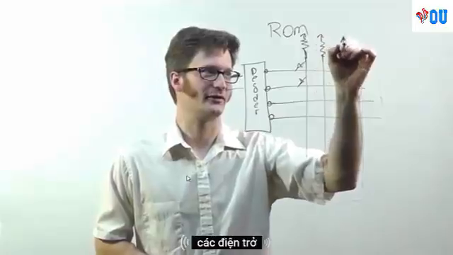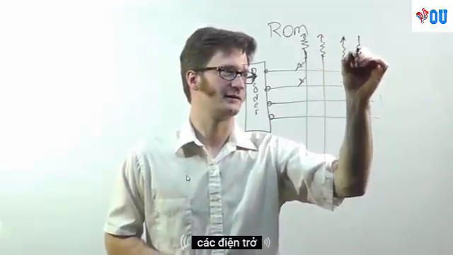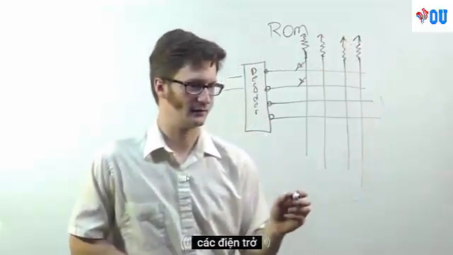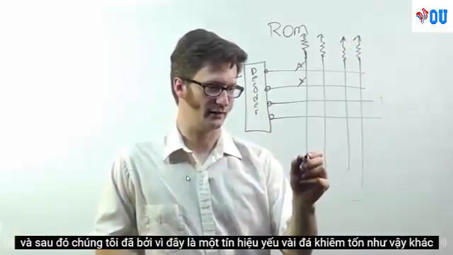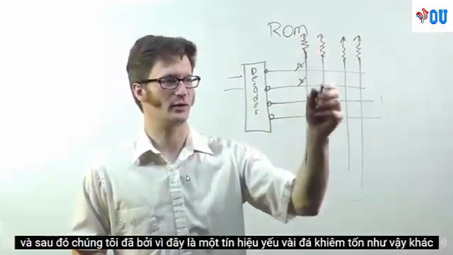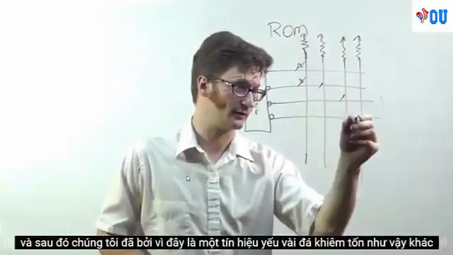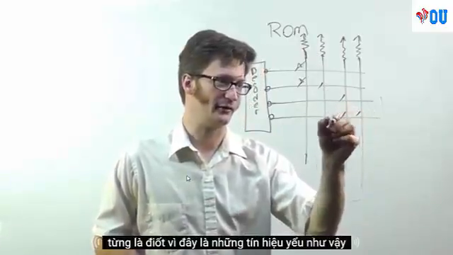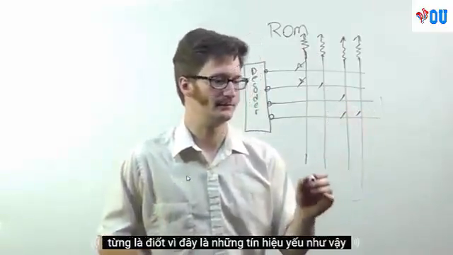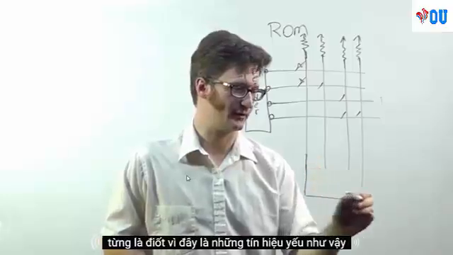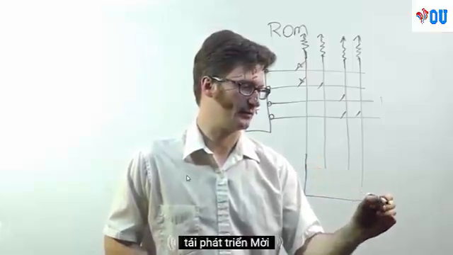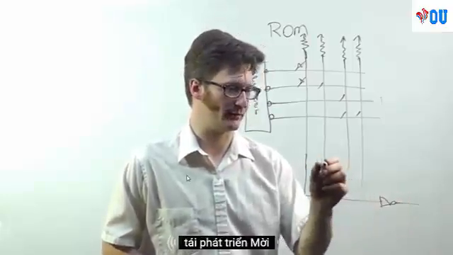These are resistors. Okay, and then we have, I'll just draw a couple others, these would be diodes. Because these are such weak signals, we have output buffers.